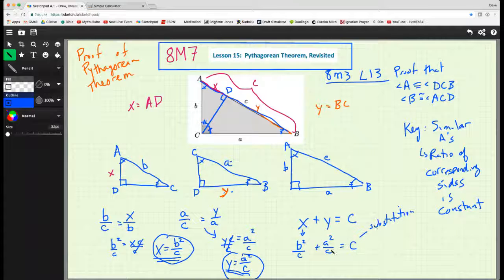Now what I'm going to do is use the multiplicative property of equality and multiply both sides by C. If I multiply this by C, I use my distribution. C times B squared over C is B squared. C times A squared over C is A squared. And C times C is C squared.